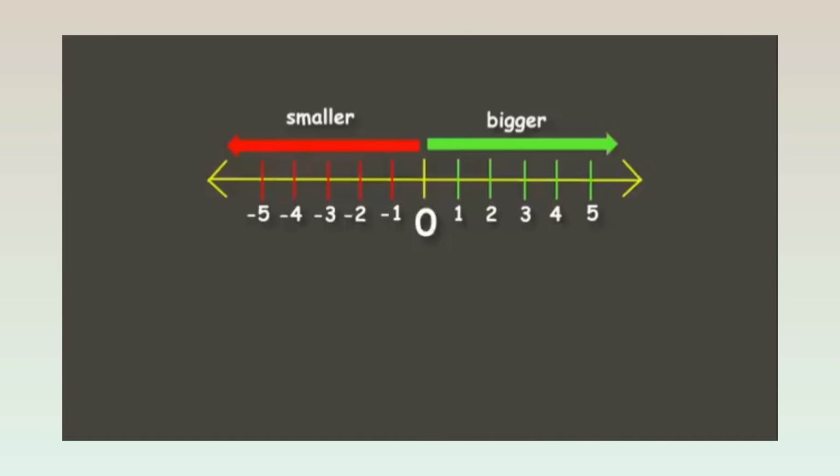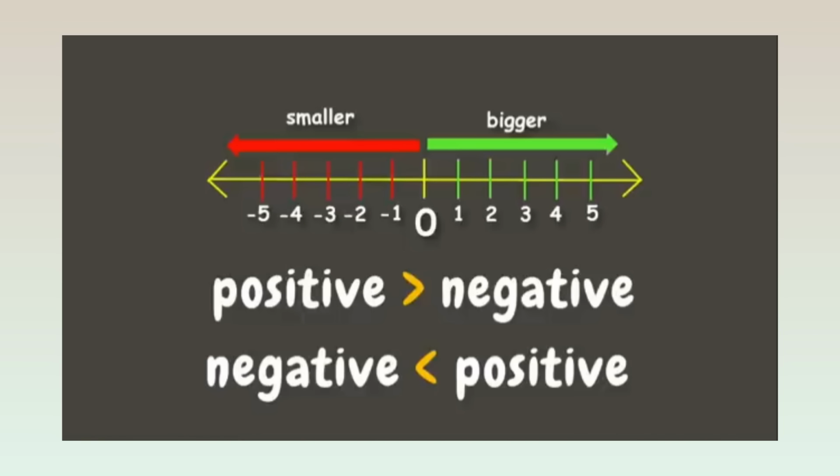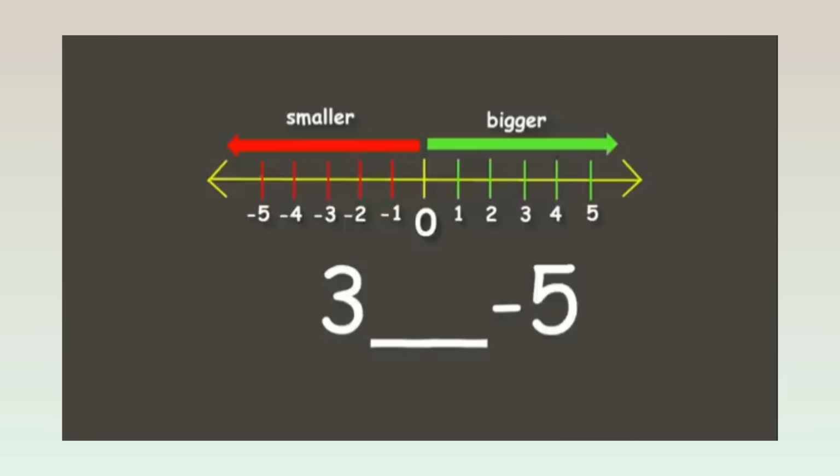Let's see one more example from a number line. So now you know that positive numbers are greater than negative numbers. Negative numbers are smaller than positive numbers. Let's see a comparison. It's a comparison between a positive 3 and a negative 5. So can we say that 3 is greater than -5? Yeah, 3 is a greater number than -5.